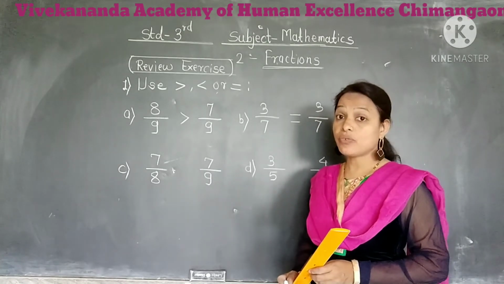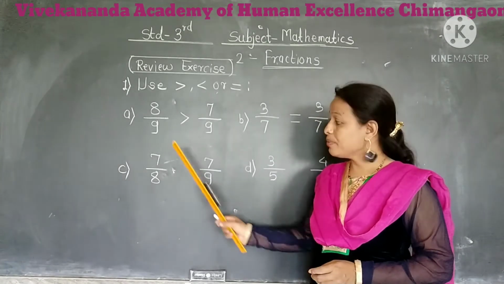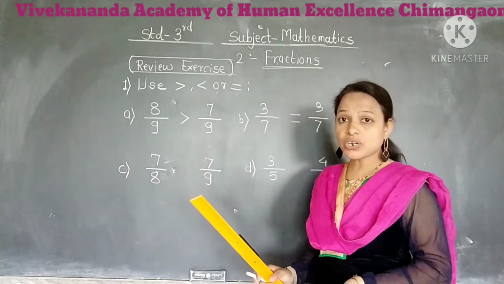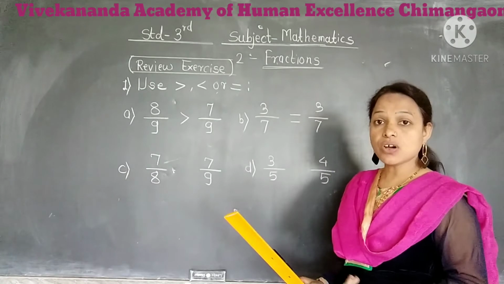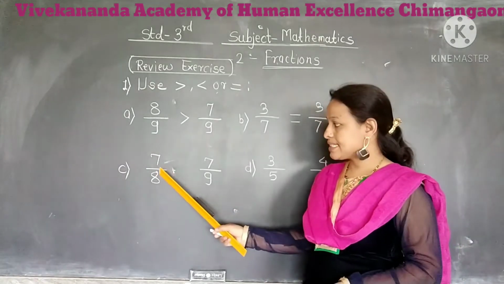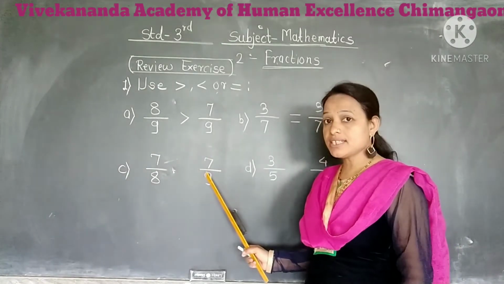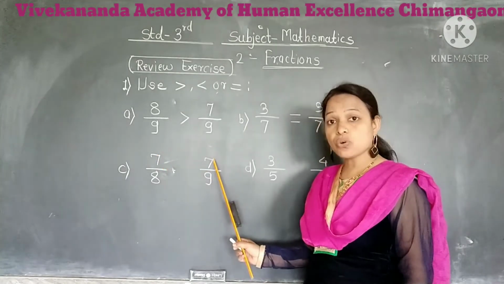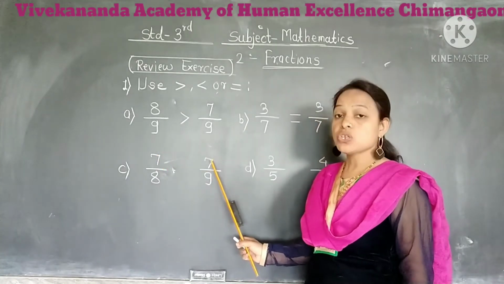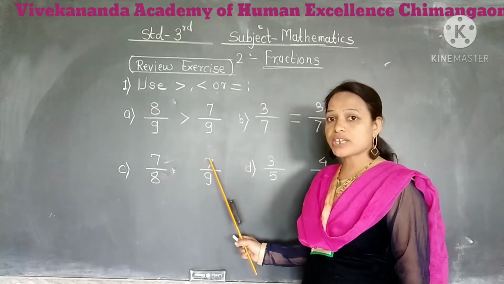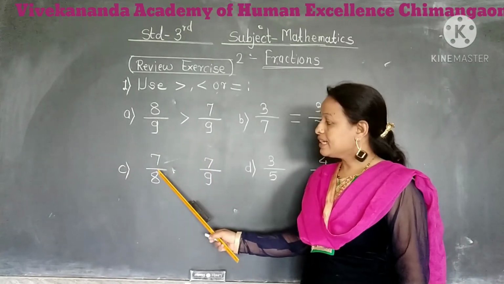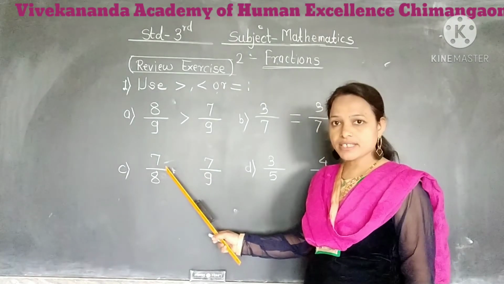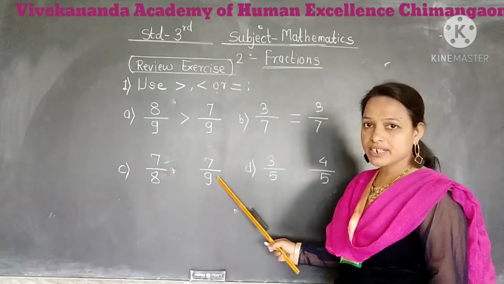Listen students, when the numerators are the same in case of unlike fractions, 7 upon 8 and 7 upon 9, these are unlike fractions, but the numerators are the same. So in that case, we have to check the denominators. 7 upon 8, its denominator is 8, and 7 upon 9, its denominator is 9.